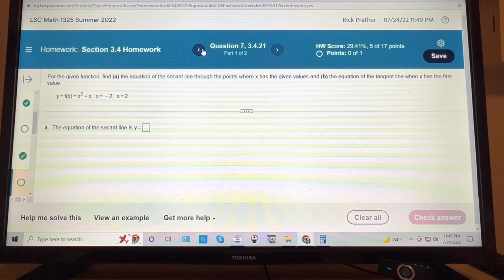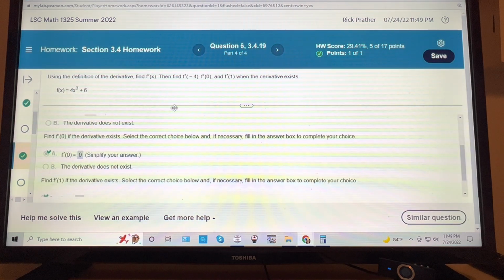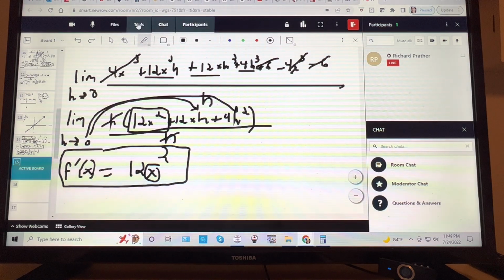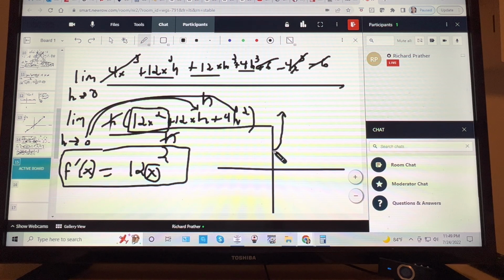And in fact, if I go back to that 4x to the third plus 6, well, let me do it right here. The graph of that is shifted up 6, and then it's a little vertically stretched, but it looks like this in algebra. So when x is 0, see how it's flat right here?